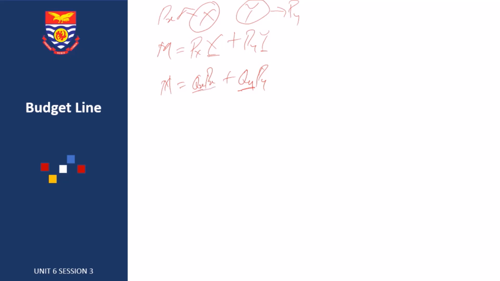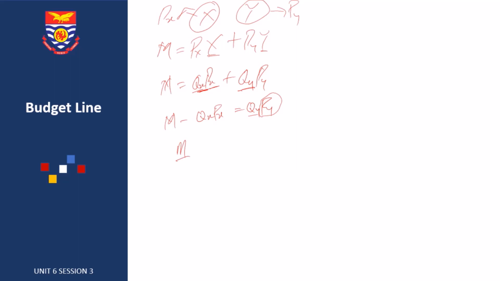So what are we going to do? We'll first send this part of the equation to where the M is. So we are going to have M minus QX PX, which will be equal to QY PY. But we want to make QY the subject, so we have to get rid of PY. So it means we have to divide through by PY.